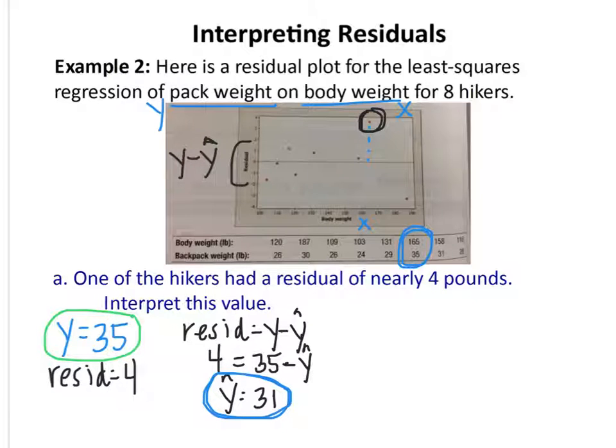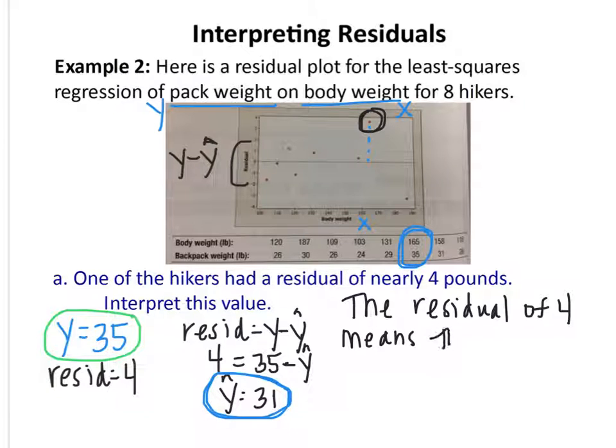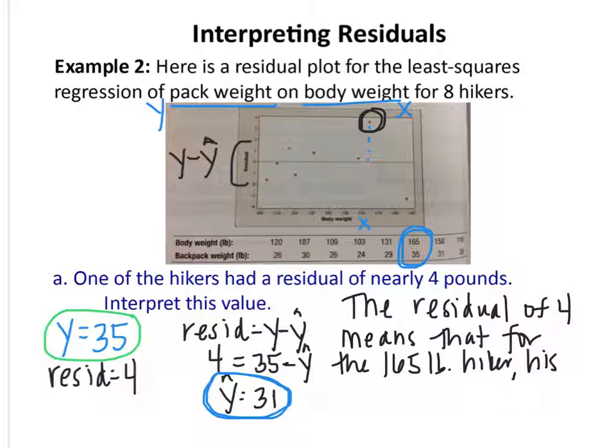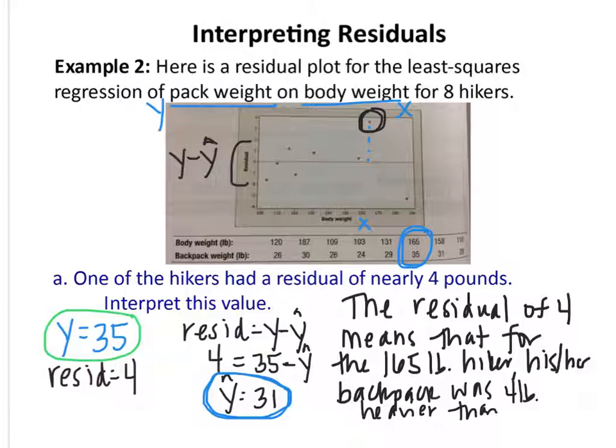The residual of 4 means that for the 165-pound hiker, his/her backpack was 4 pounds heavier than predicted.